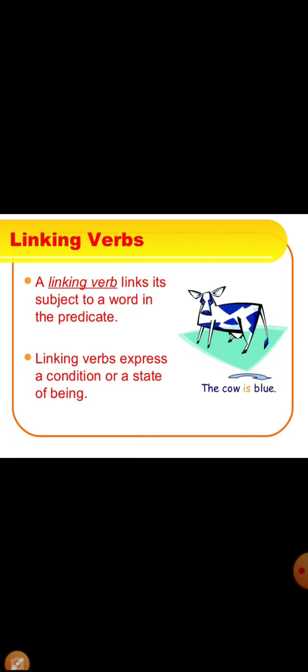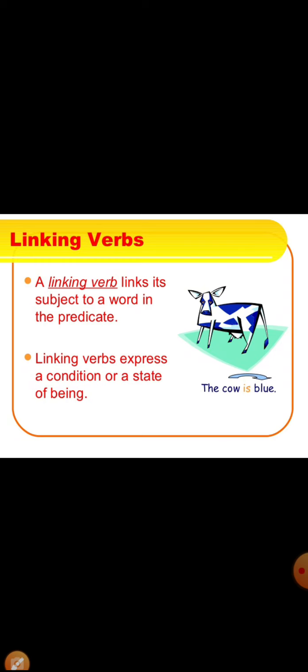As we discussed action verbs, second we are going to discuss linking verbs, that is verbs of incomplete predication, or you can say verbs that complement. A linking verb links a subject to a word in the predicate. For example, the cow is blue.